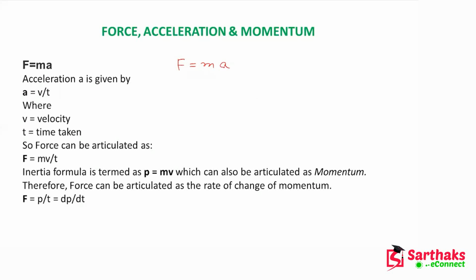A is the acceleration with which the object is moving. Now you know acceleration is velocity per unit time, so we can write force as mv by t, where v is the velocity and t is the time, right? So if they give you velocity, mass and time, you can find out the force also.